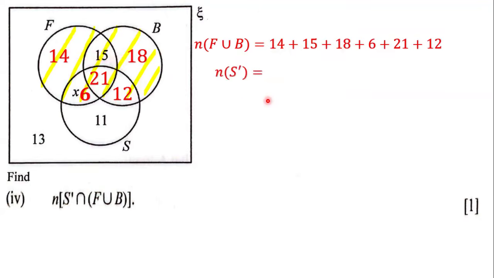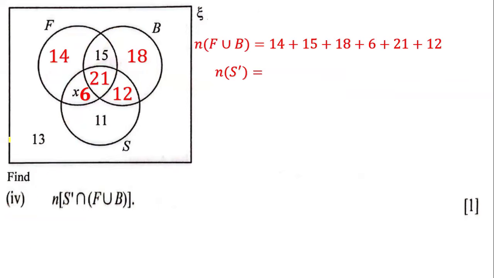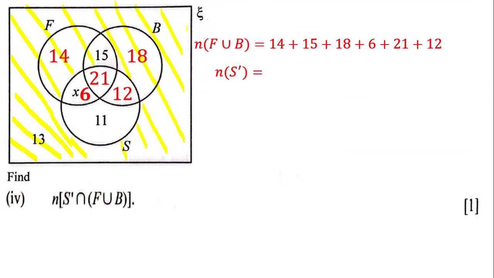Now we want to figure out the number of elements in S complement. What is S complement? Well, S complement is going to be all of the elements in the universal set, every last one of those elements, except for the elements that are inside S. So we do not include any of the numbers inside the circle.